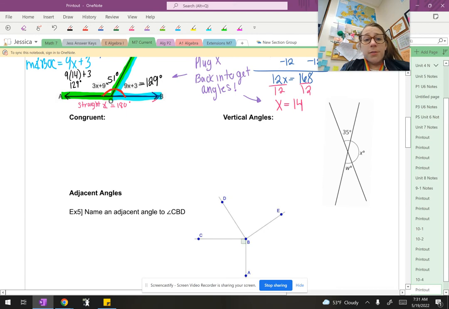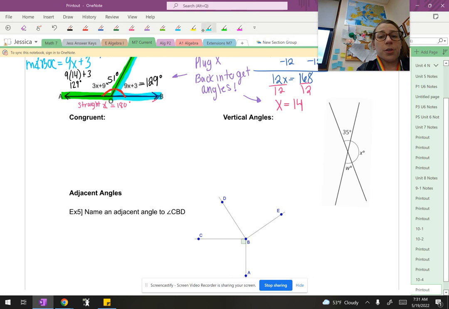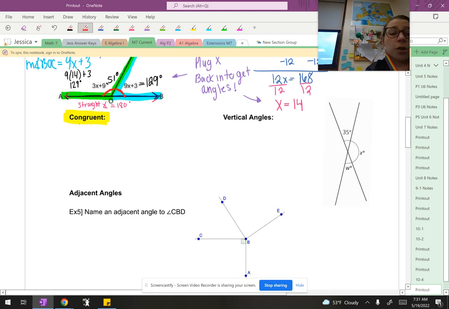Up next on Math 7, 10-5, we're going to look at the vocab word congruent. Congruent is a math-specific geometry word, and congruent means same or equal measurement.